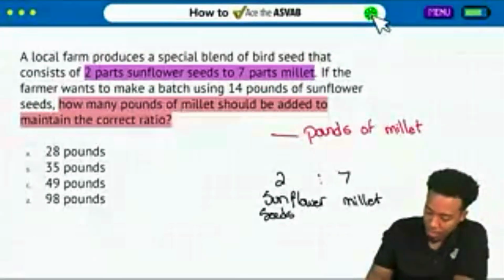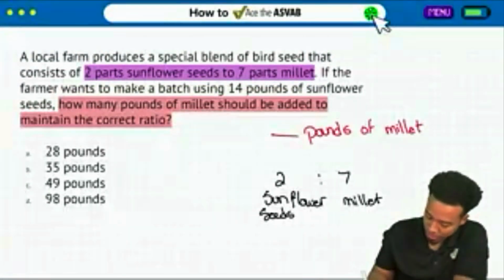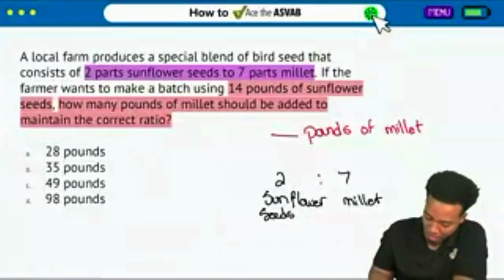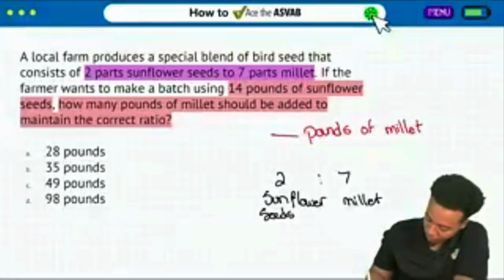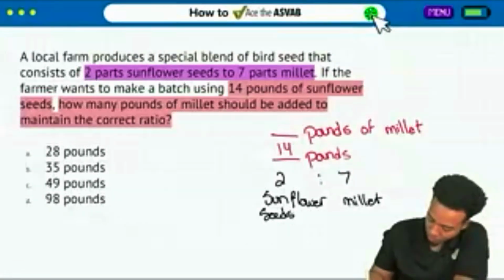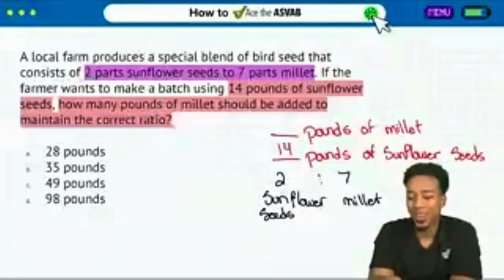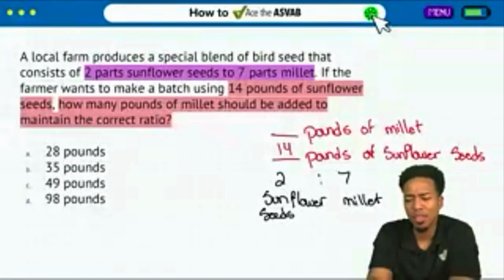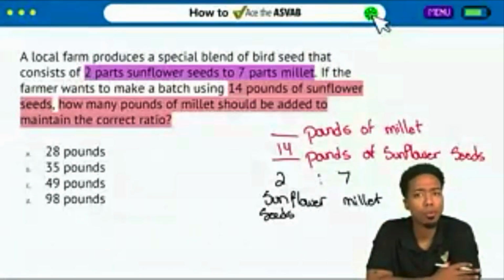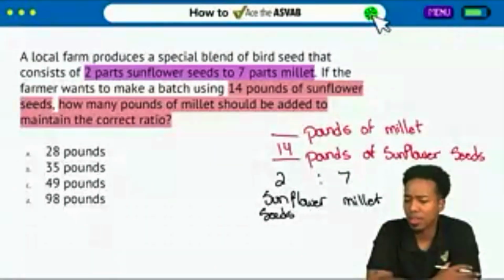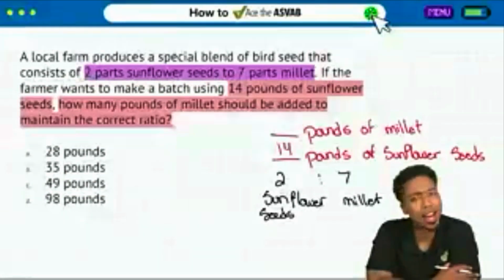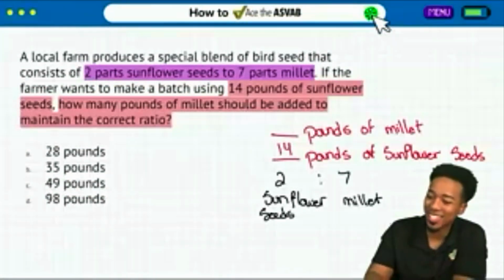So here, I'll take that 14 pounds of sunflower seeds, and I'll write it in the same color right there. All right. So with that, everybody, do we have everything we need to write a proper proportion? Do we have everything we need? Yes, we absolutely do.